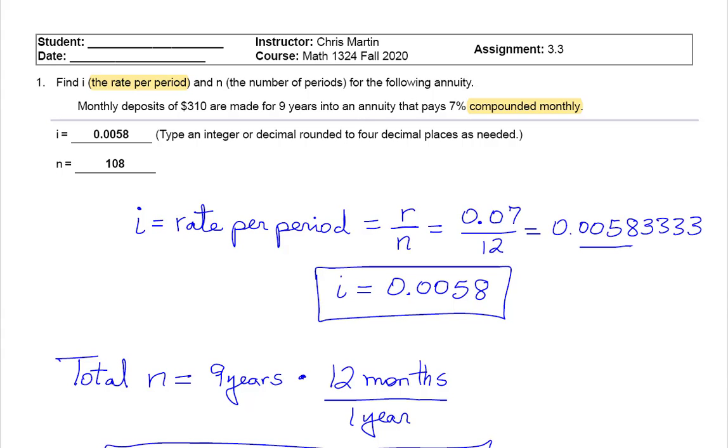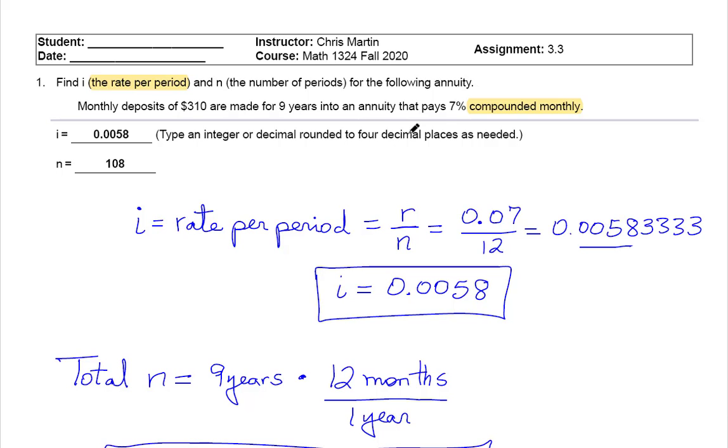All right, here in question 1, we want to find I. I is the rate per period. In actuality, the words give you the formula, rate per period. It's rate R divided by how often the compounding is done.